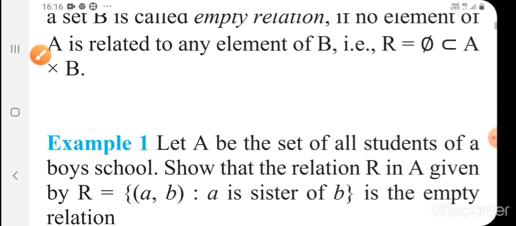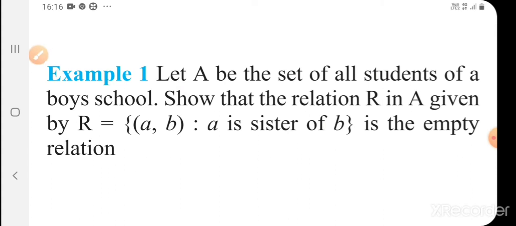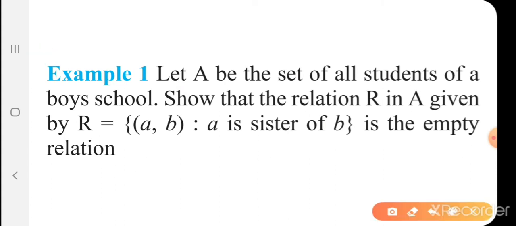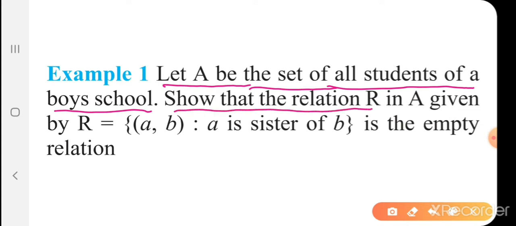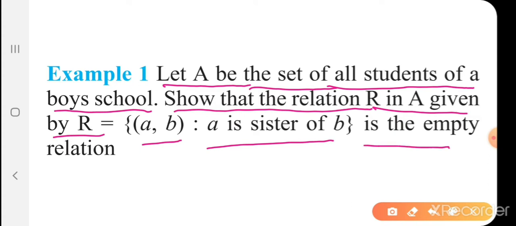So one of the examples: consider a set A, the set of all students of a boys' school, so that the relation R in A given by R equal to the ordered pair (a, b) where a is a sister of b is an empty relation. Here we show R is an empty relation.